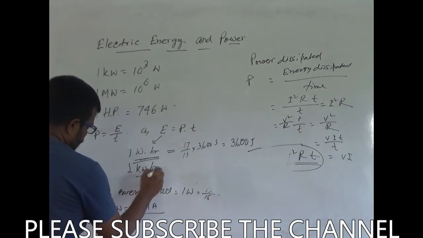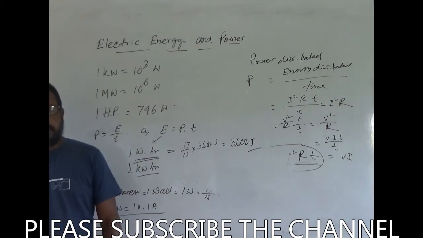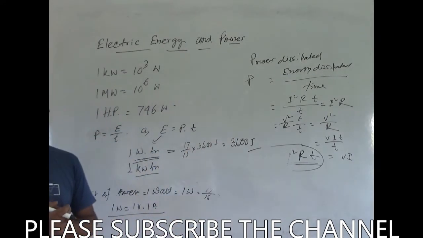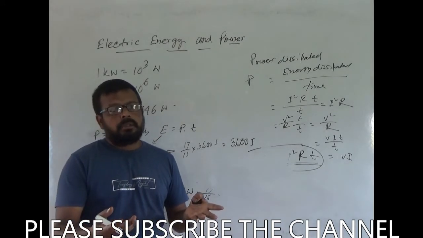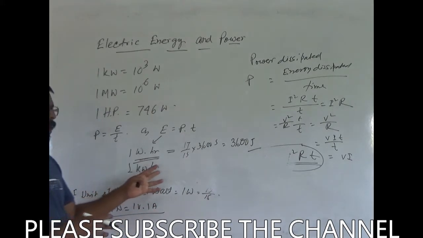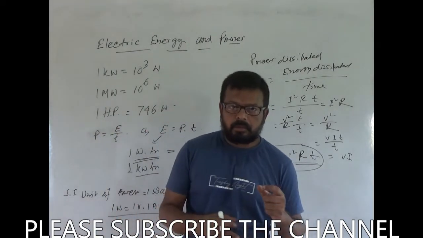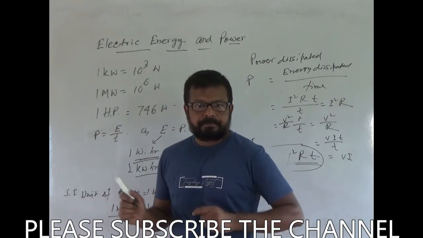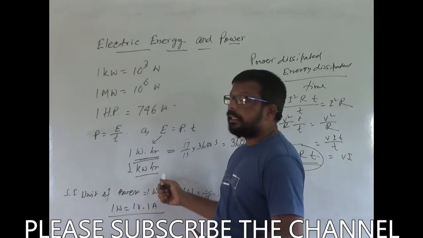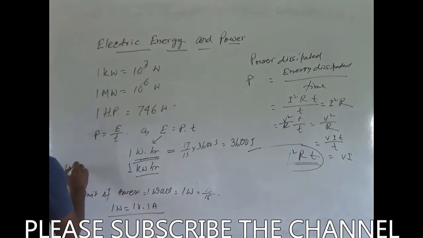Similarly, what is 1 kilowatt hour? If the power is 1 kilowatt and it runs for 1 hour, then the energy consumed by the device is 1 kilowatt hour. An electric device of 1 kilowatt power runs for 1 hour, then it consumes 1 kilowatt hour of energy, which is called 1 unit of electric energy.